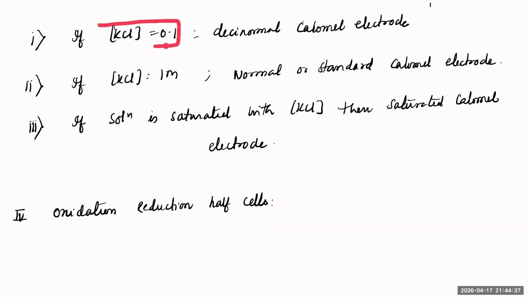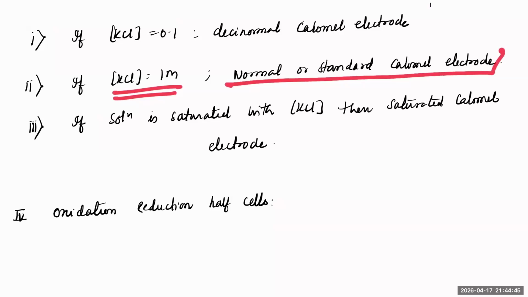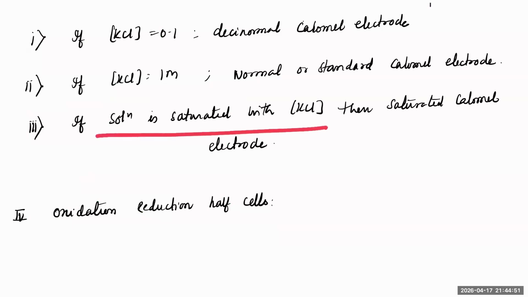If by chance KCl is 0.1 molar, it is called decinormal calomel cell. If KCl concentration is 1 molar, it is called normal or standard calomel electrode. If the solution is saturated with KCl, then it is called saturated calomel cell.